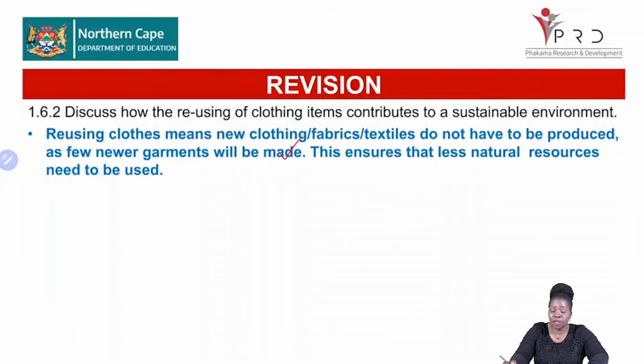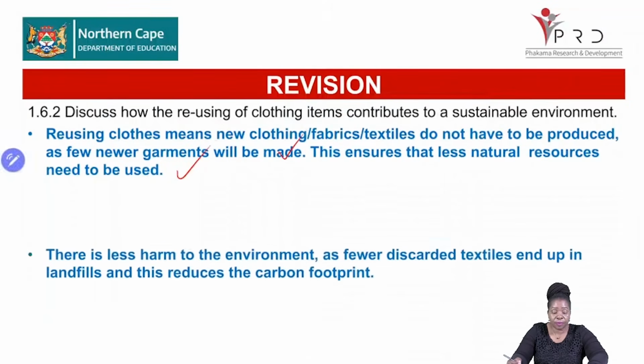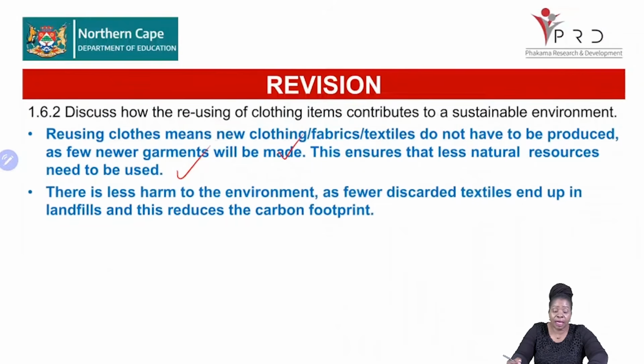And this ensures that less natural resources need to be used. Again, there is less harm to the environment, as fewer discarded textiles, or discarding means the throwing away of the textiles, end up in landfills, and this reduces the carbon footprint.